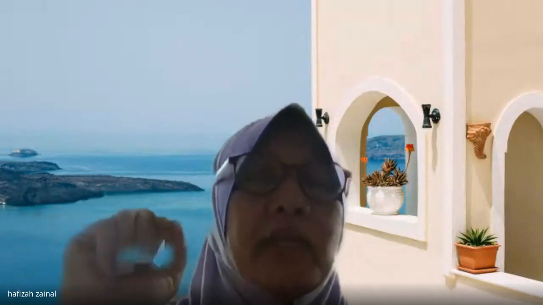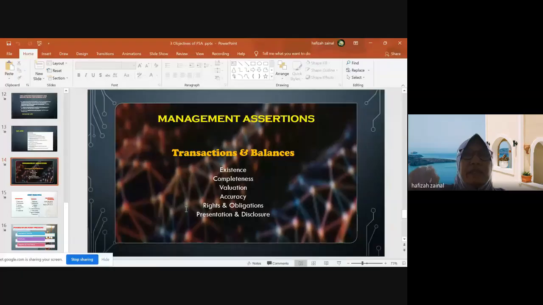The rights and obligations. Rights and obligations reflect ownership. What does it mean? Whatever assets are on the financial position, the rights are actually owned by the management, by the company. Obligations refer to liabilities.